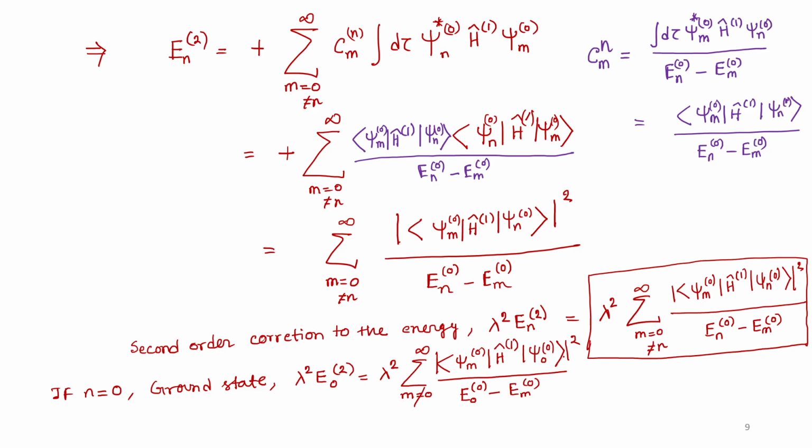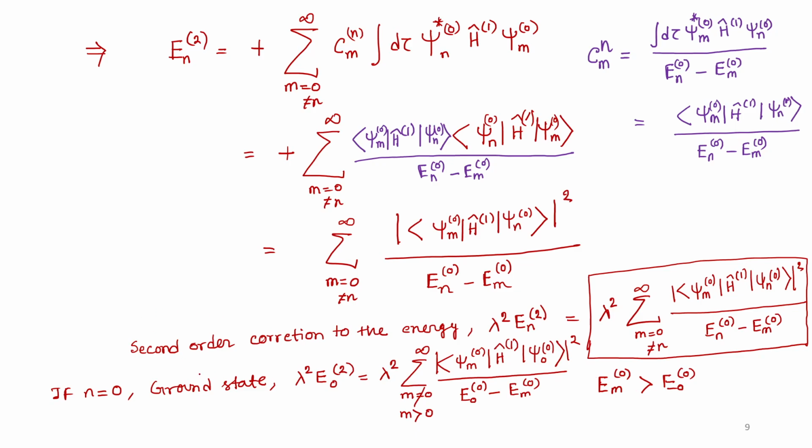So you can see that m not equal to 0 means m is greater than 0, right? So for this case, Em, the energy of the mth unperturbed state, is always greater than E0, the unperturbed energy of the ground state.